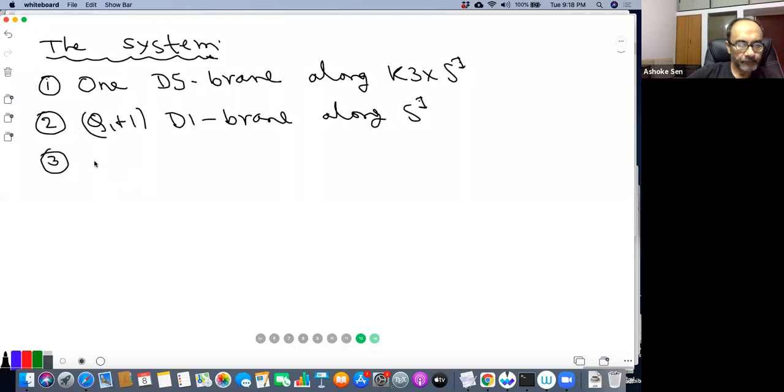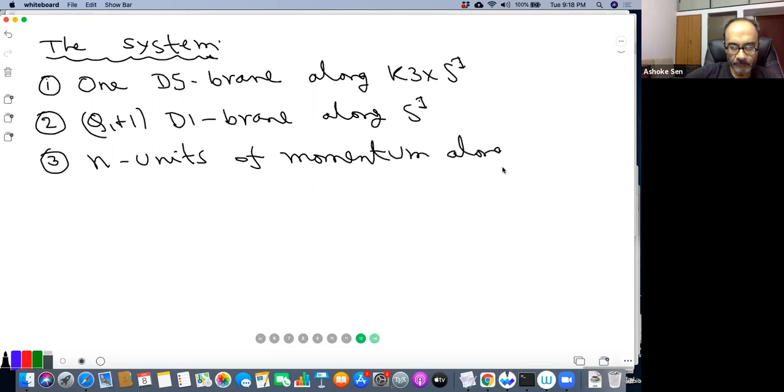Then n units of momentum along S1. Now, conventionally, it's written as minus n units of momentum. I just wanted to avoid the minus sign. So I just call it n units of momentum, but that's just a question of how you define the direction of S1. Once you have chosen a convention, the sign makes a difference, because it's only for one choice of sign that you get a BPS state. The other choice of sign will give you a non-BPS state.